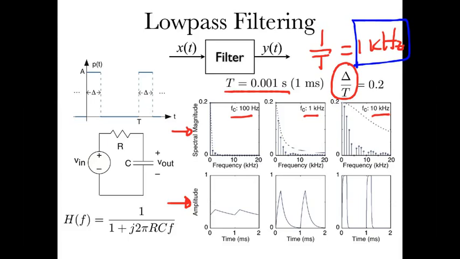Picking a cutoff frequency of 100 hertz, that's really low-pass filtering. The first harmonic is well above 10 times the cutoff frequency of the filter, so it attenuates the spectrum of the input a lot, as you can see by this figure.